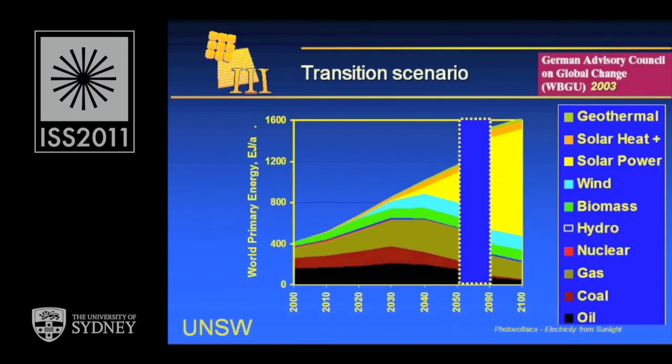The different colours show how that energy is produced. So the dark colours at the bottom are gas, coal and oil, the fossil fuels, which is, as you'll see, the main way that we produce our energy at the moment. So we're very dependent on them.